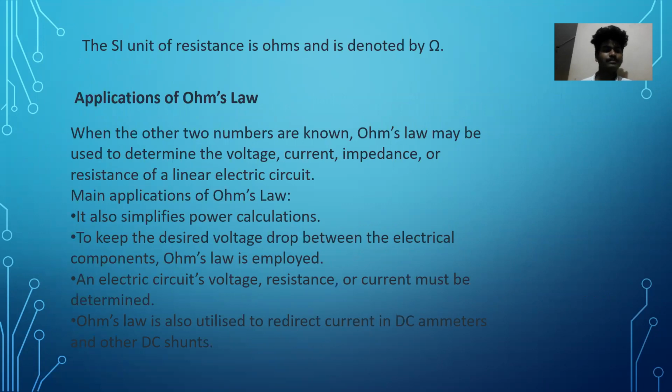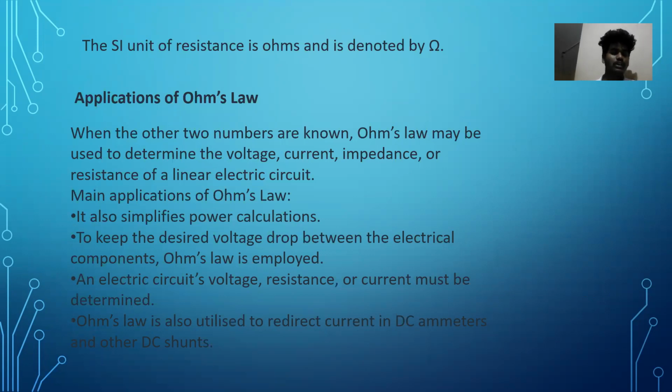Applications of Ohm's law. Ohm's law may be used to determine the voltage, current, impedance, or resistance of a linear electric circuit when the other two numbers are known. Main applications of Ohm's law: it also simplifies power calculations.